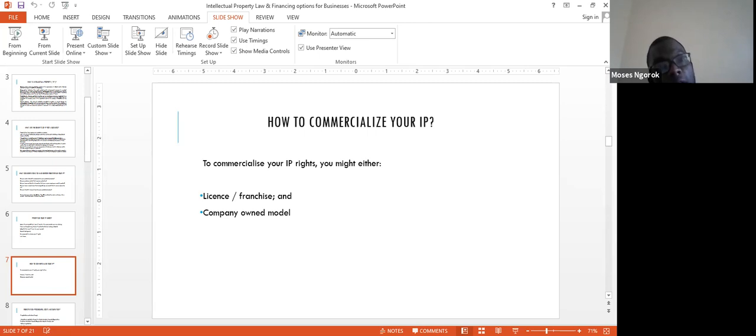This payment could be annual, so the license can be an annual license, and that allows your business to continue earning from your product or your development. So very, very important to ensure that to license, you have a contract in place. Or if you're franchising, you also have a contract in place.